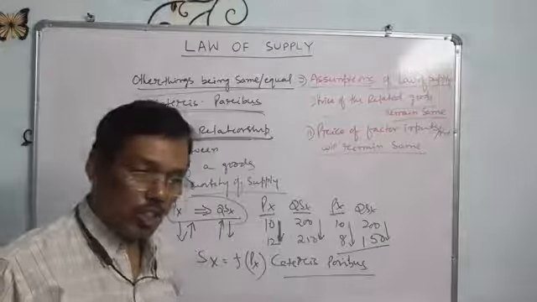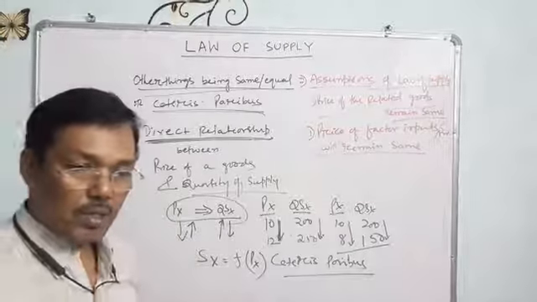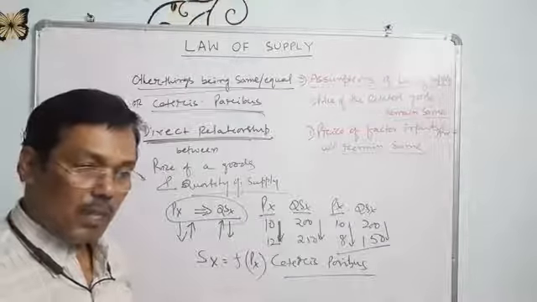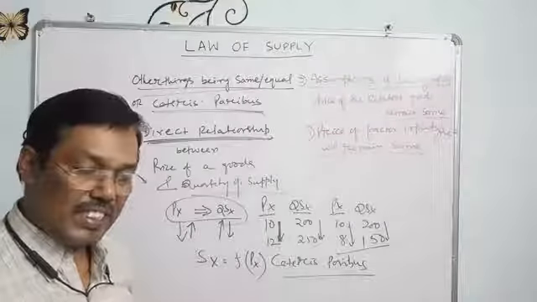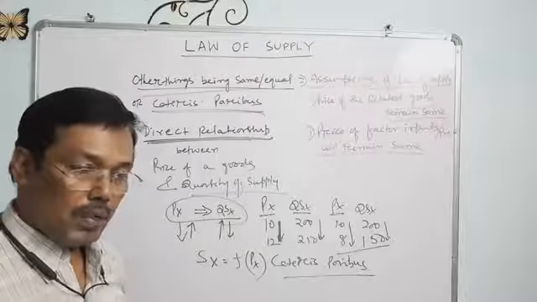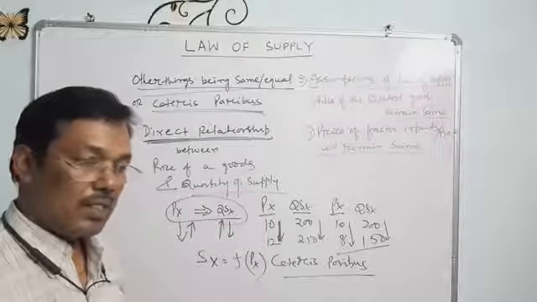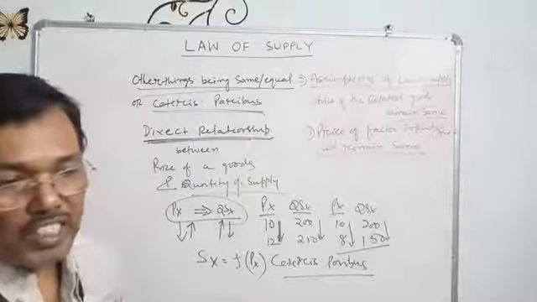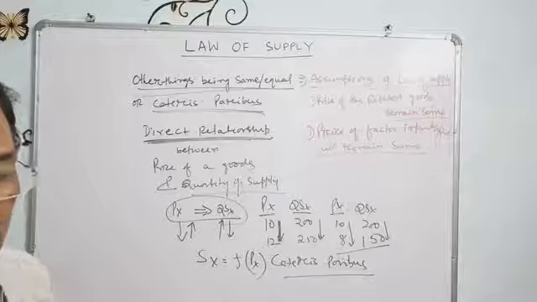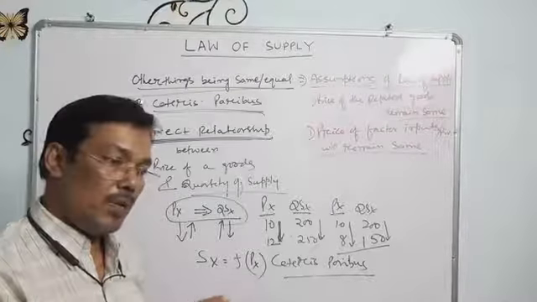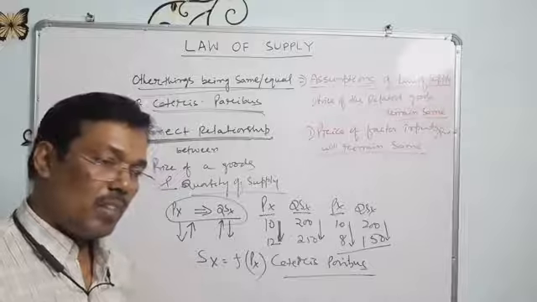If the raw materials cost increases, naturally the price will increase, and in that case the price of the goods automatically tends to increase. But here it says that the factor inputs price will not increase; it will remain the same. Then when the price increases, supply increases, and the producer earns profits.